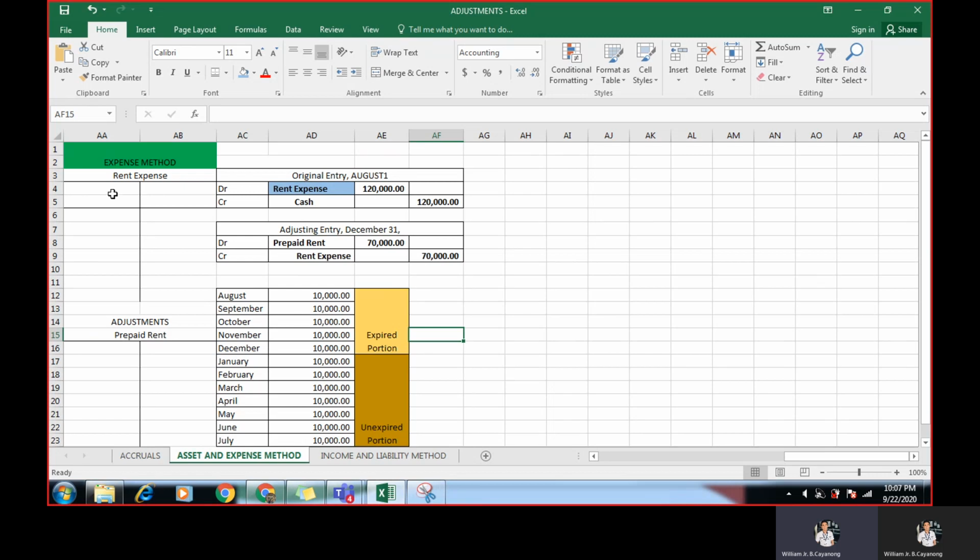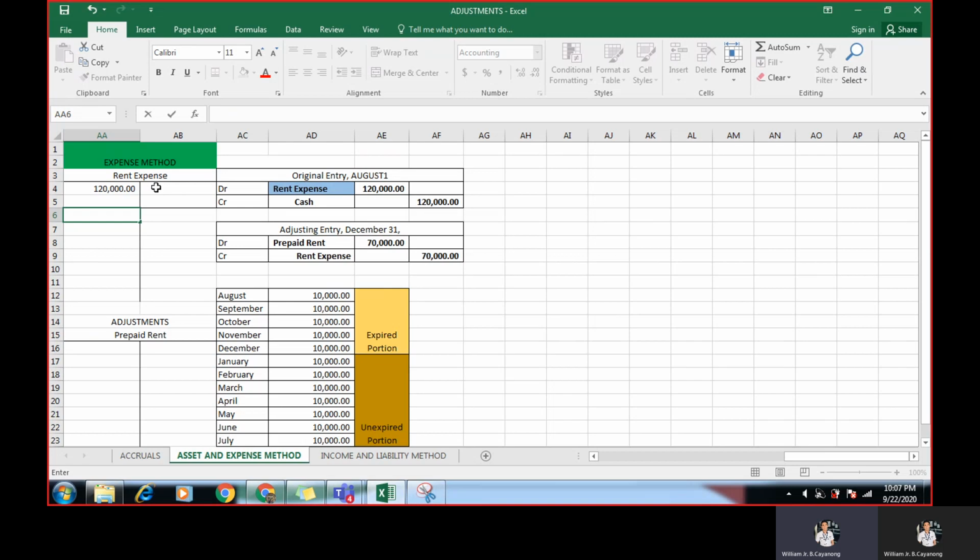Now, if we're going to put it on a T account, okay? So, we recognize 120,000 during August 1. Okay? 120. Okay. So, at the end of the period, this 120,000 is overstated kasi nga ang expired portion lang dapat is 5 months, which is 50. So dapat mag-reflect na sa atin dito is only 50,000, right?